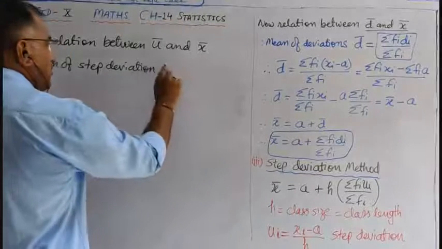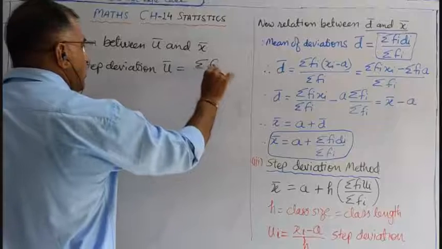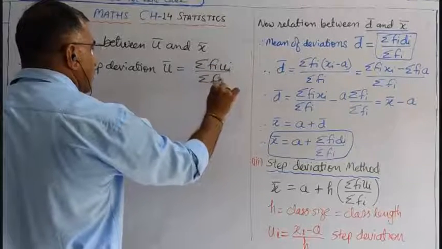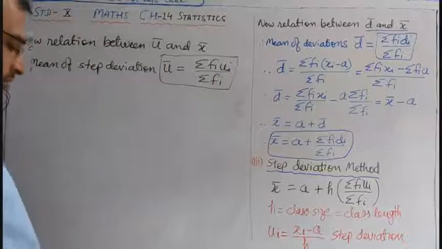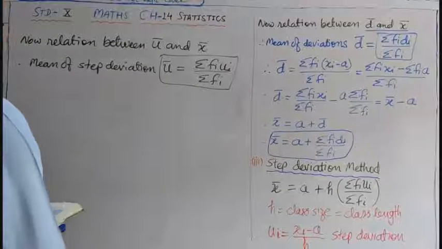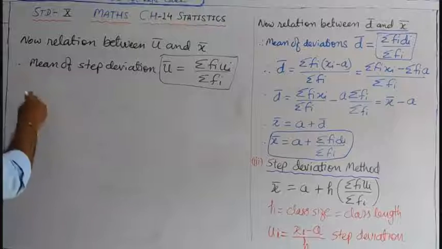That is here u bar, that is equal to sigma fi ui divided by sigma fi. So this is mean of step deviation. So now let us go for substituting the value here. What is u bar? That is step deviation.